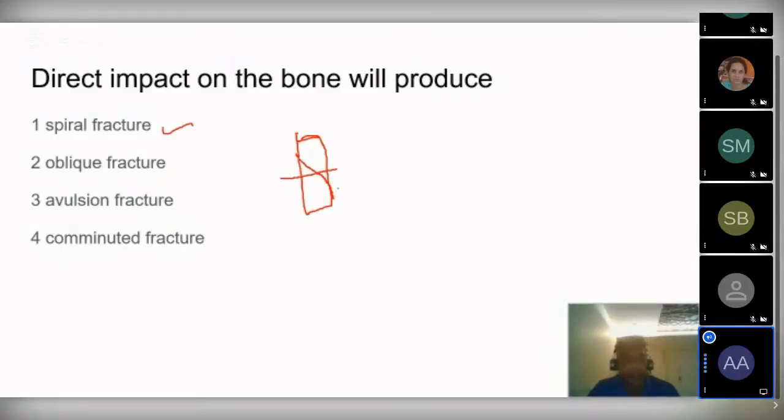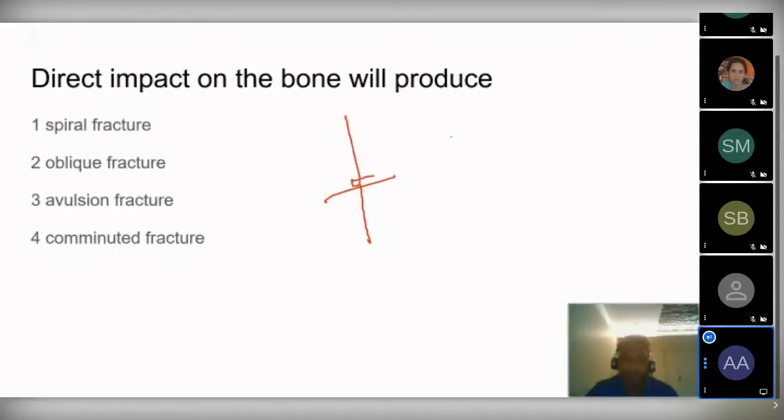So one thing you please remember, this can be a question sometime later. Transverse fracture is this, and oblique fracture. You have to understand the difference between transverse fracture and oblique fracture. Transverse is perpendicular to the long bone, but in a real life situation, it cannot always be 90 degrees.